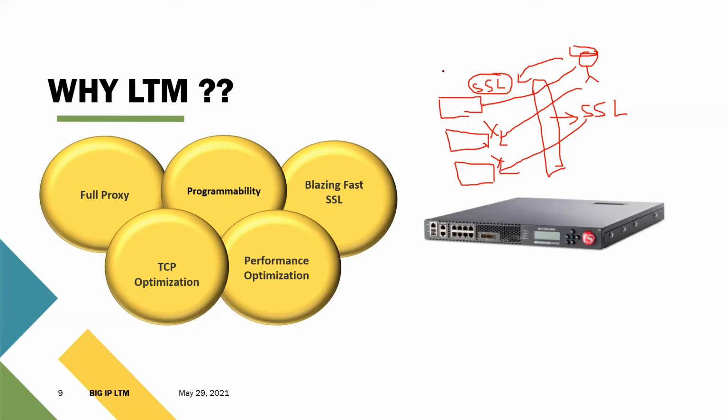Now the server need not do any SSL transactions. That will be taken care of by LTM, because now LTM is front facing to the customer, to the user. The user will directly negotiate SSL with the LTM, and then LTM will forward this request directly to that server.